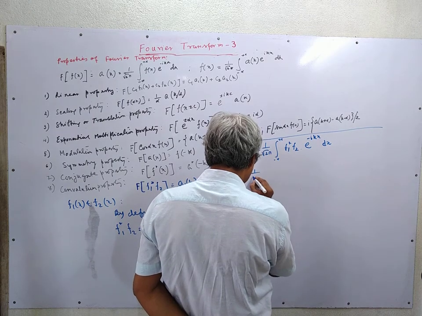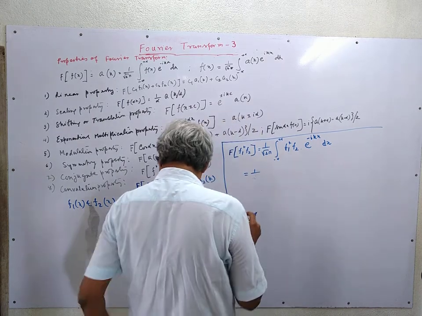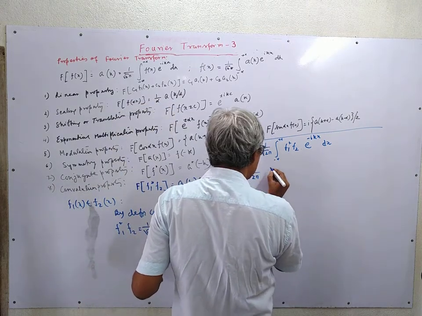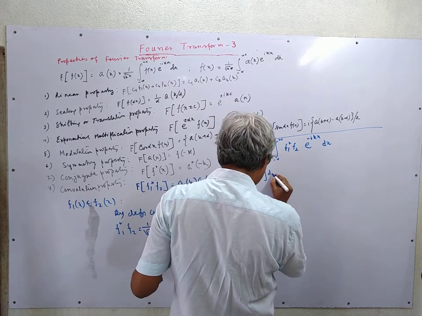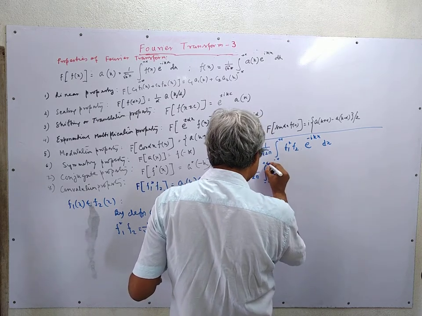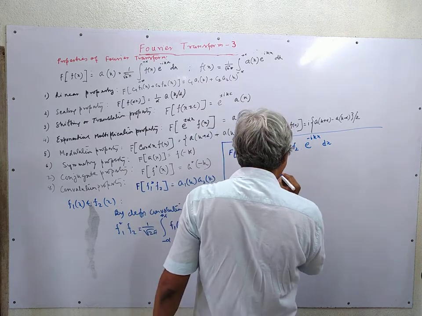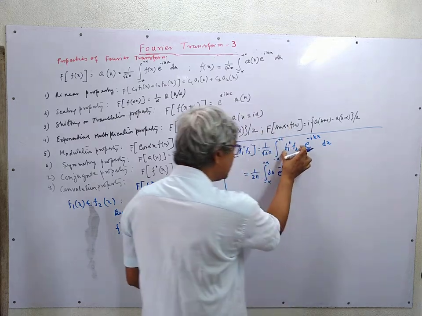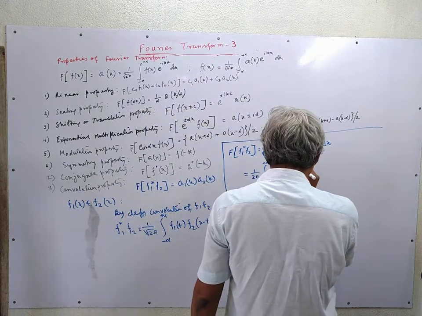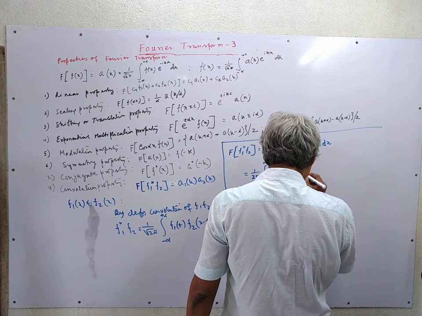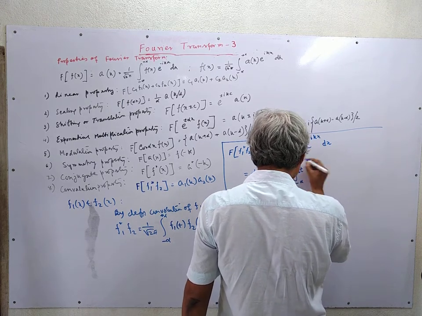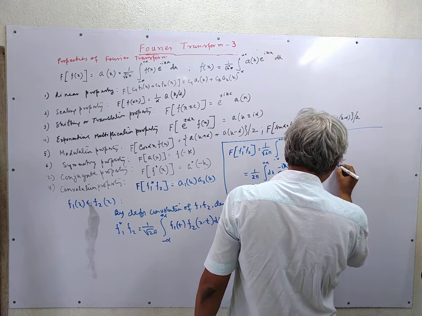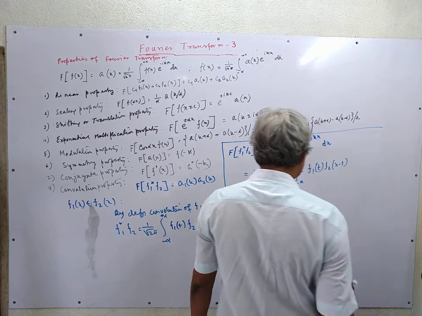One root 2 pi is here, another is here, so it is root 2 pi. Then this is integration over x from minus infinity to plus infinity with the factor e to the power minus I k x, and then integration over dt from minus infinity to plus infinity of f1 at t, f2 at x minus t. This is the form.